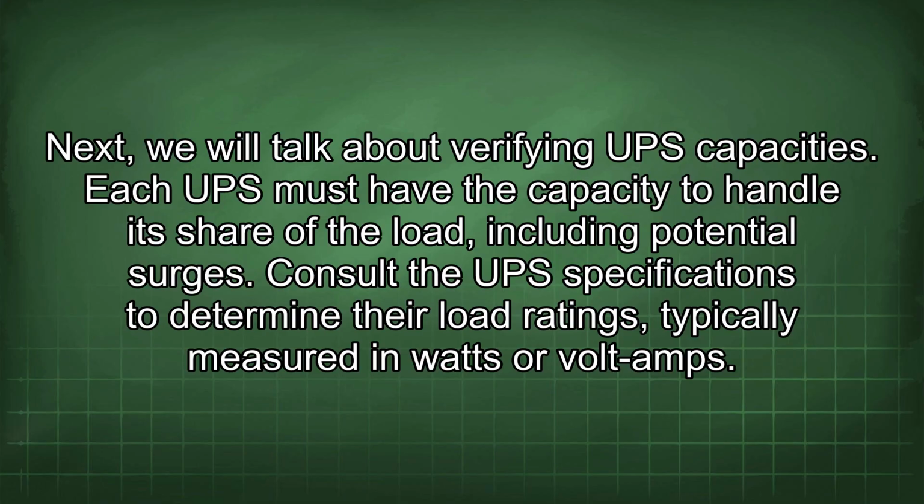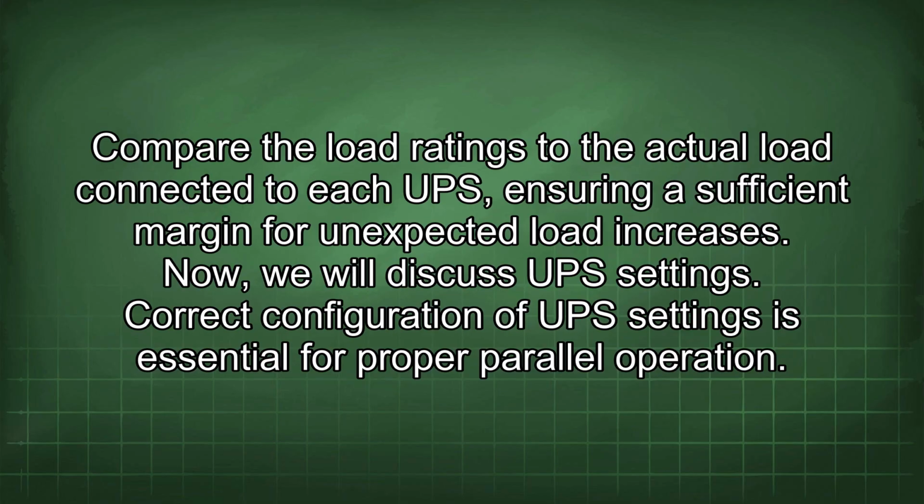Next, we will talk about verifying UPS capacities. Each UPS must have the capacity to handle its share of the load, including potential surges. Consult the UPS specifications to determine their load ratings, typically measured in watts or volt-amps. Compare the load ratings to the actual load connected to each UPS, ensuring a sufficient margin for unexpected load increases.